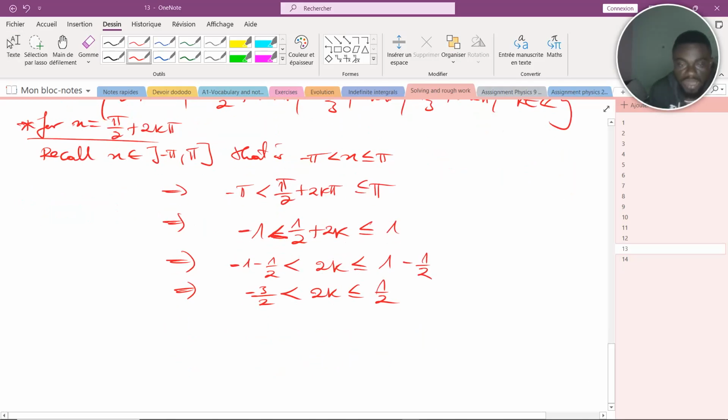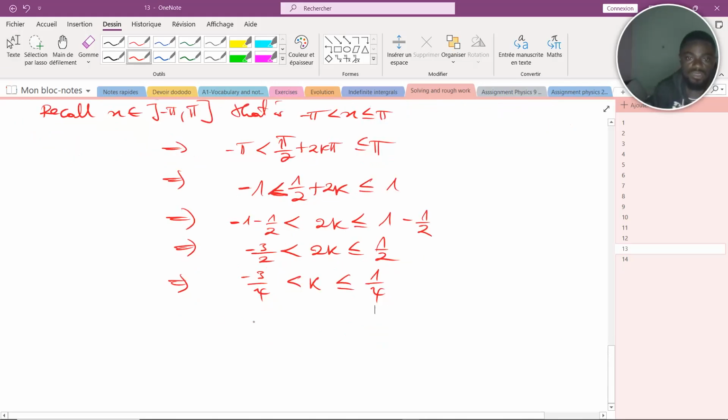I'll divide all through by 2, for me to have k here. So this implies I'll have k greater than minus 3 on 4, less than or equal to 1 on 4. So we have already the interval of our k here.